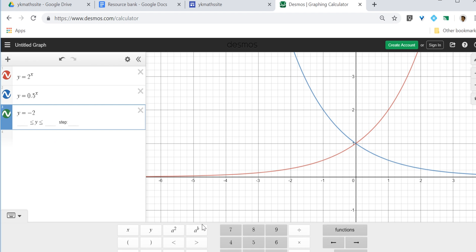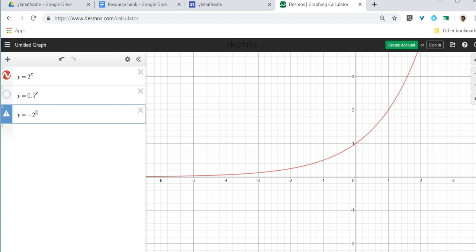Before I click x, do you want to guess how it looks like? The red line is here. If the number from 2 now changes to negative 2, Isabel, can you predict how this red line will look like? Just now we mentioned something about the negative sign here. Is it go down or is it reflect?